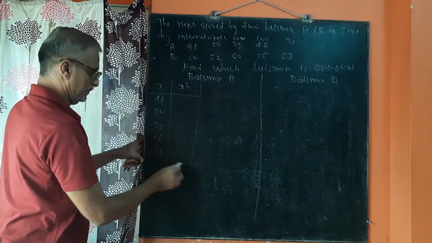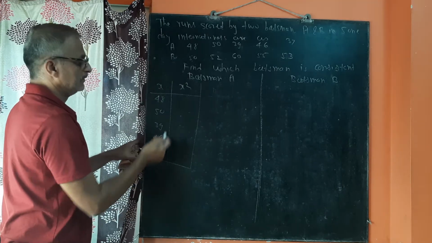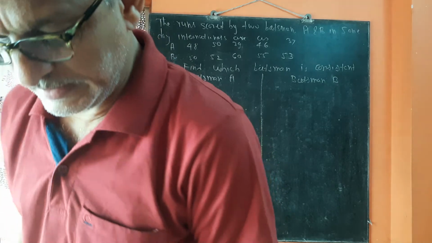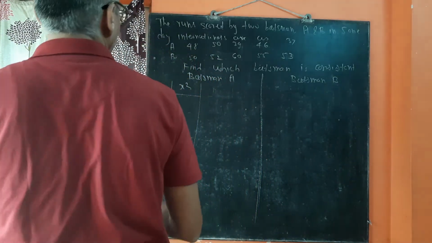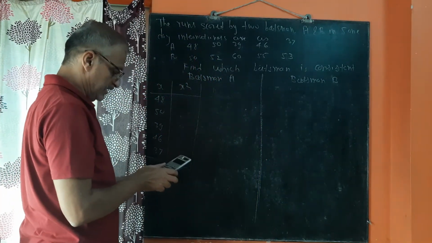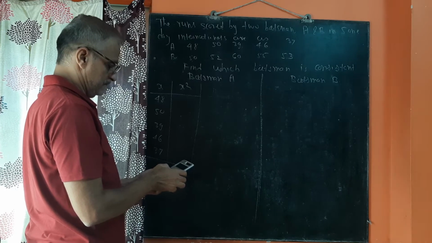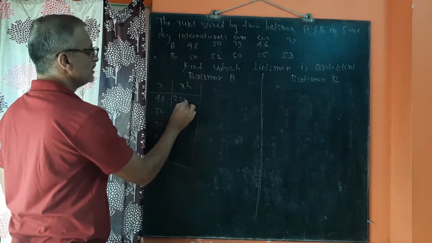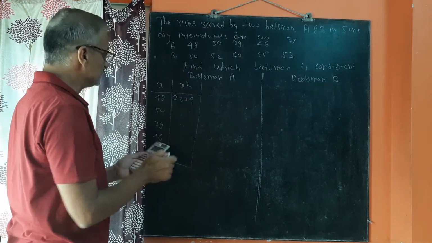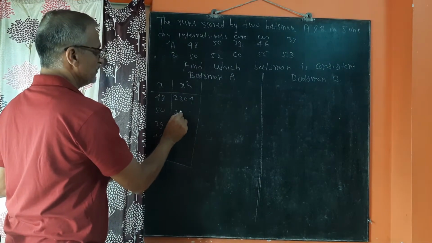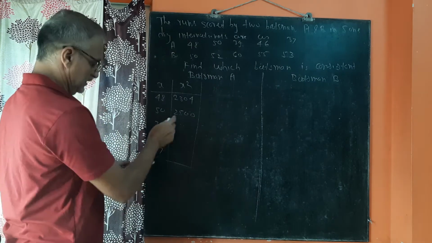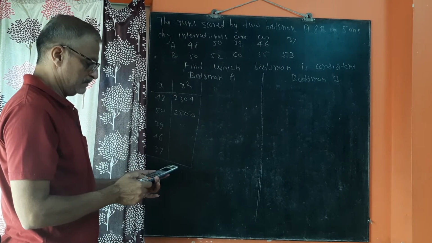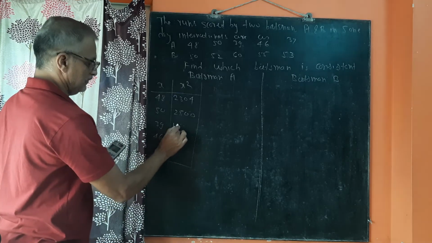Then X square. We will get 48 square, that is 2304. 50 square, that is 2500. Then 39 square, 1521.